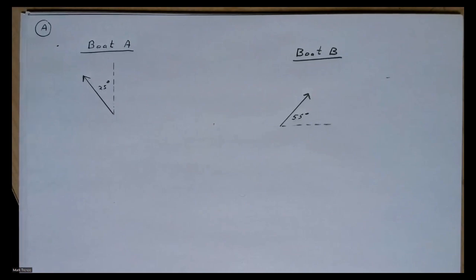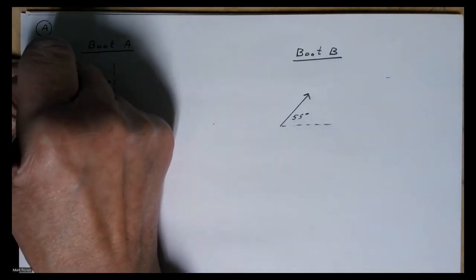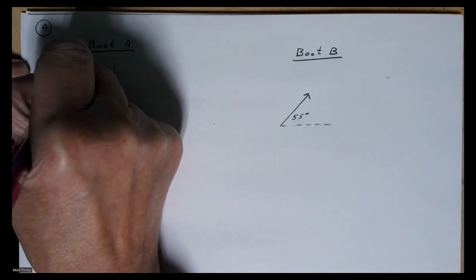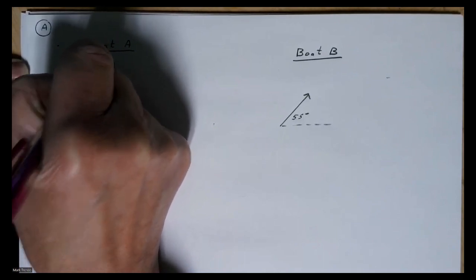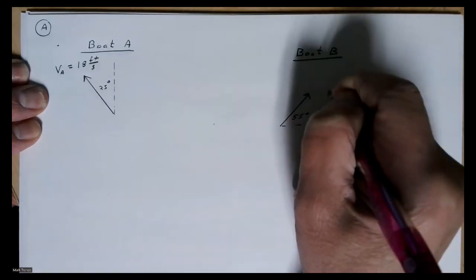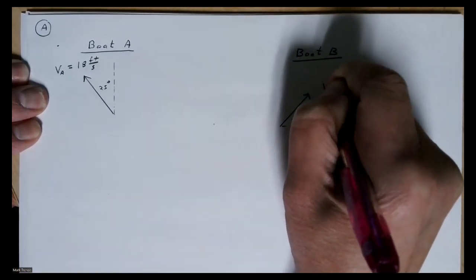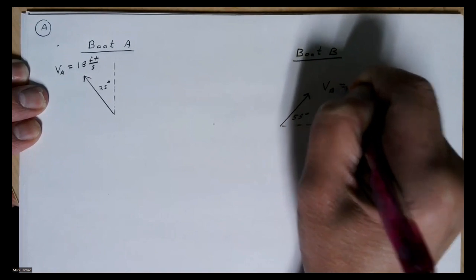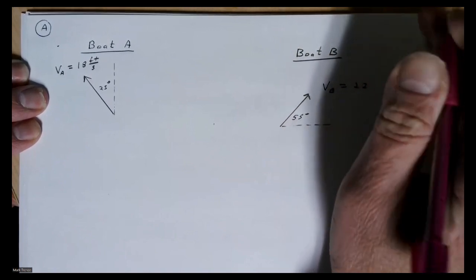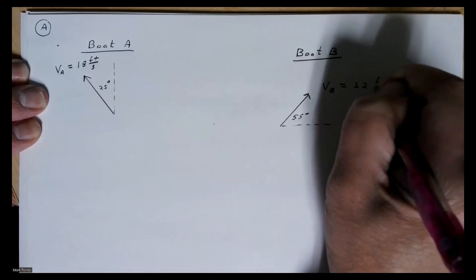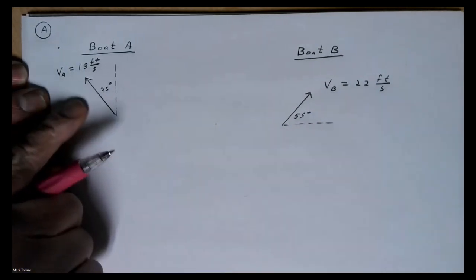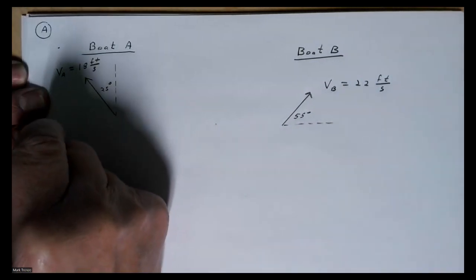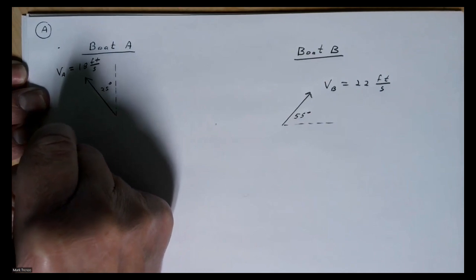And the velocity of A is 18 feet per second, and the velocity of B is 22 feet per second. And so now we're going to have to find the vector of this.